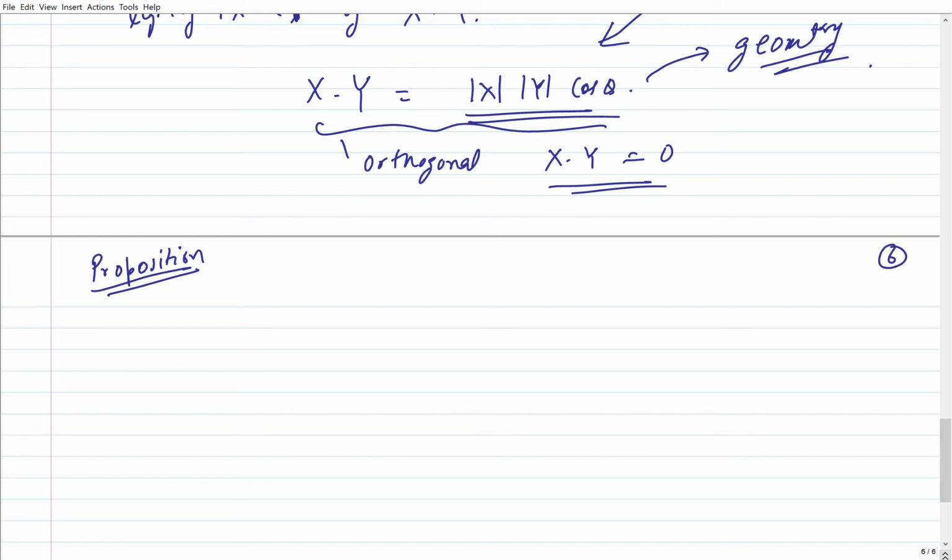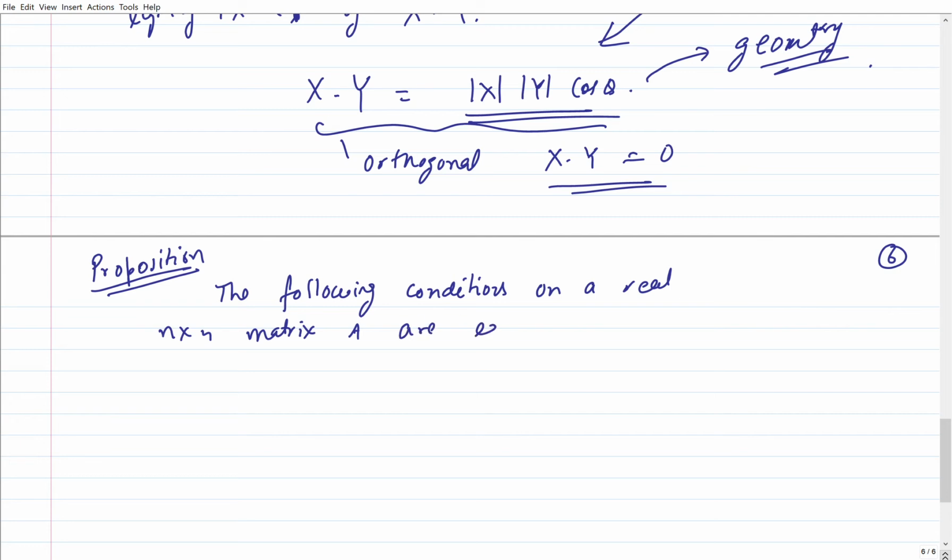So the proposition says that the following conditions on a real n cross n matrix A are equivalent.